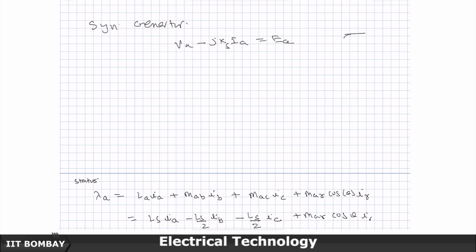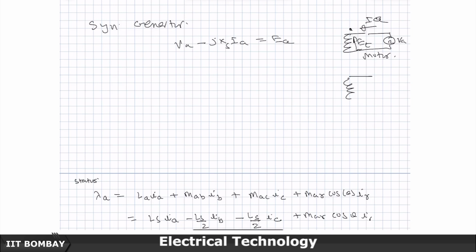So, if this is a winding and the current is flowing, this is the A phase winding of the armature, this is the terminal VA and something here that is generated is ET, this is our notation.